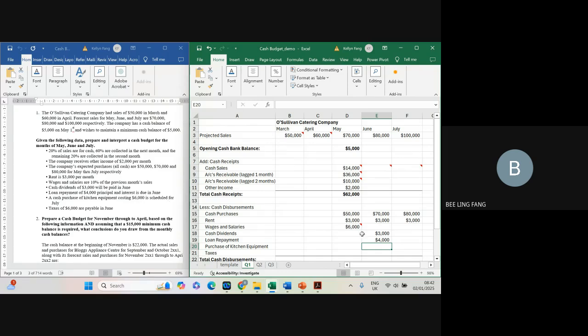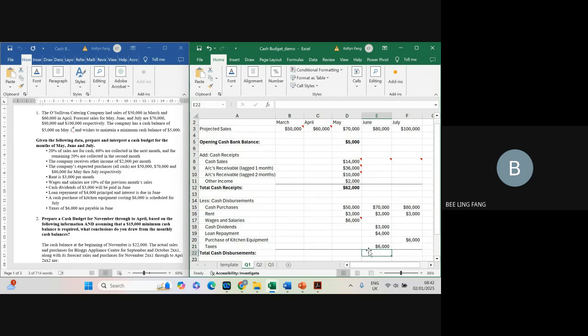Okay, this one is for July. That means you purchase something in July. Tax of 6,000 is payable in June. Okay, tax 6,000 paid in June. Right. So now May is done, right?